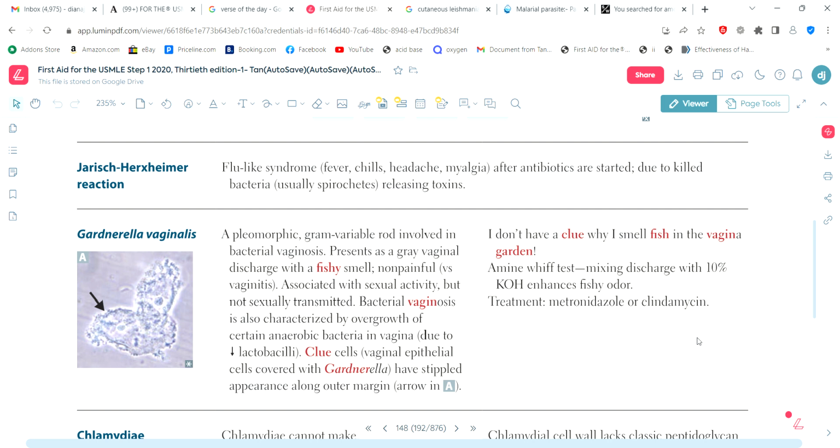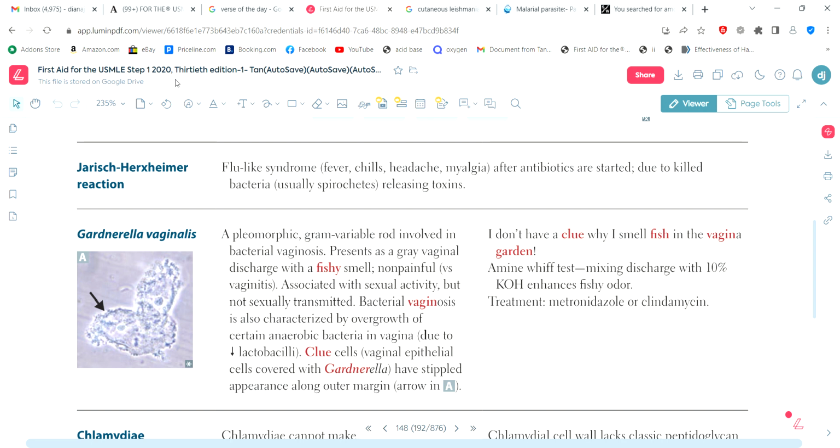So remember the amine whiff test: if you mix the gray discharge from Gardnerella vaginalis with 10% potassium hydroxide, the fishy smell will get worse. The treatment is metronidazole or clindamycin.